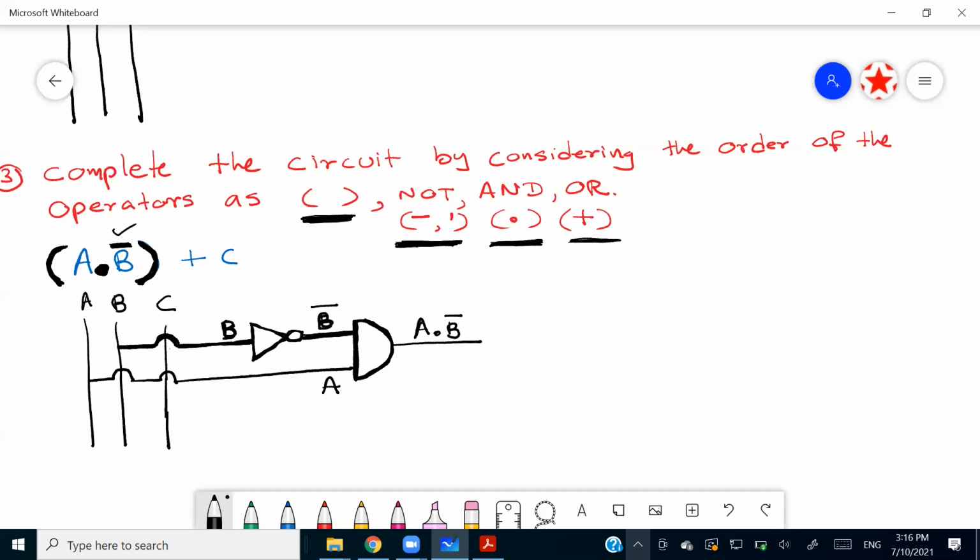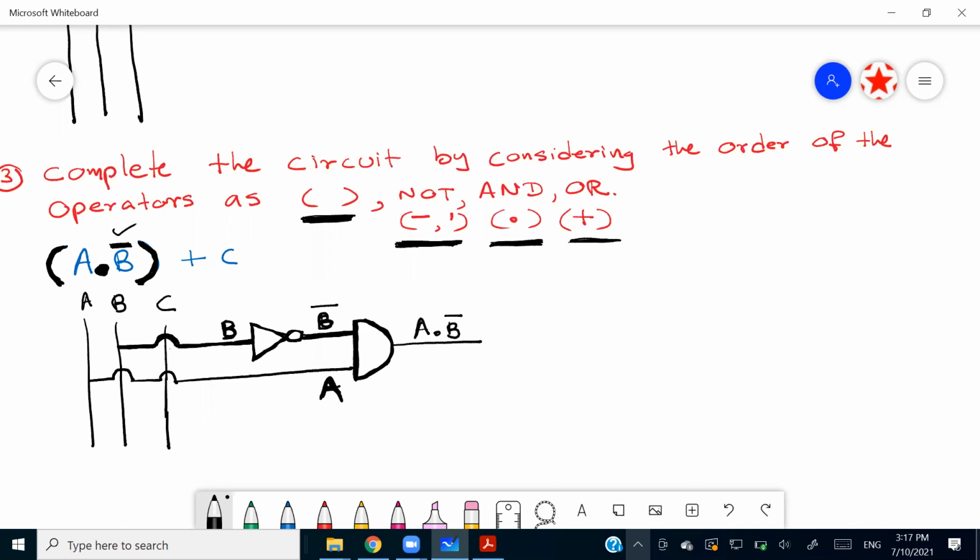Ravidu, is it clear? A is taken over here, so the A line is taken, and we have B bar as the output of the NOT gate.